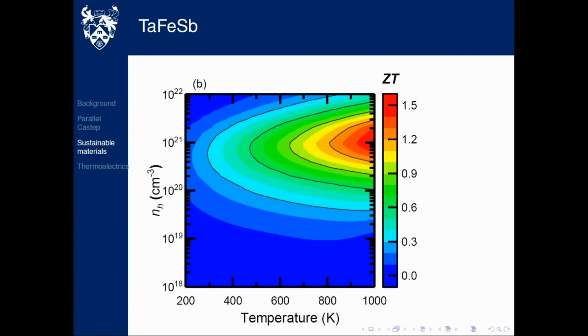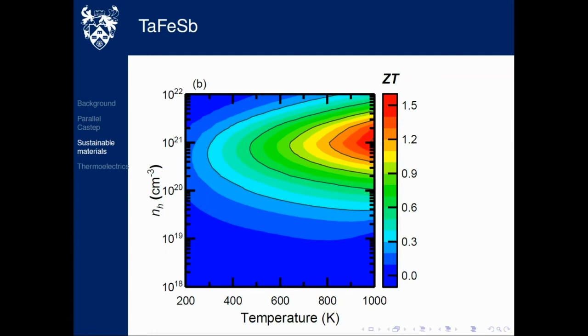So CASTEP predicts that this material for thermoelectric applications is around 40% better than a previous material which generated a huge amount of interest because of how good that was. And as this paper was in the review process, actually someone managed to make this tantalum compound. So the results were validated as we were publishing them.